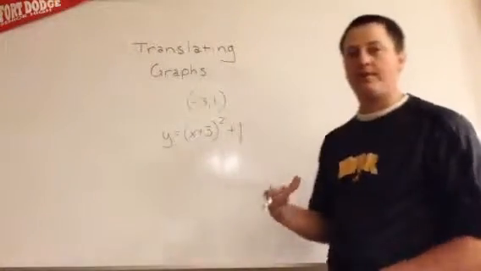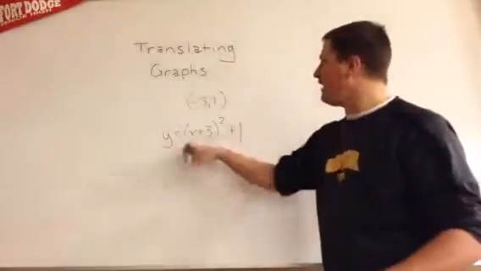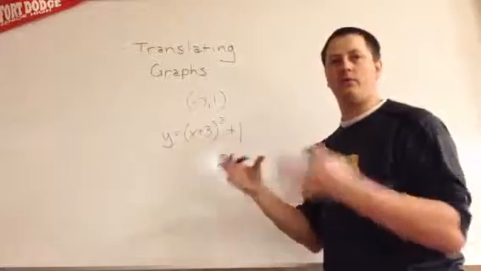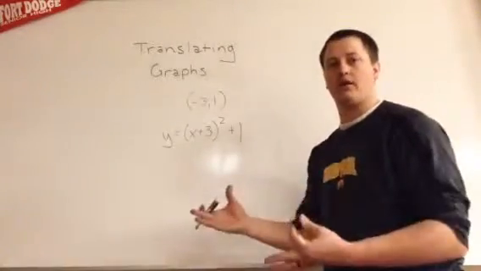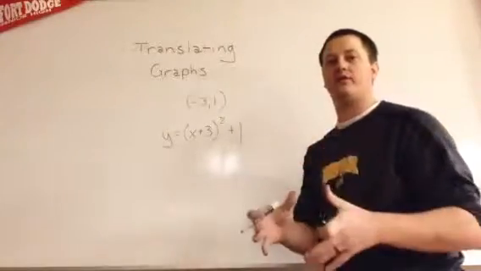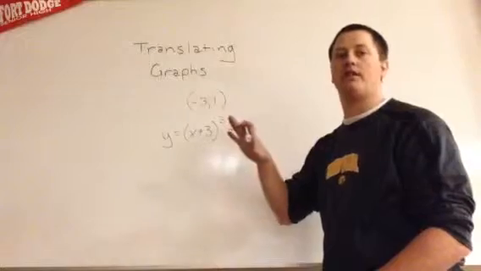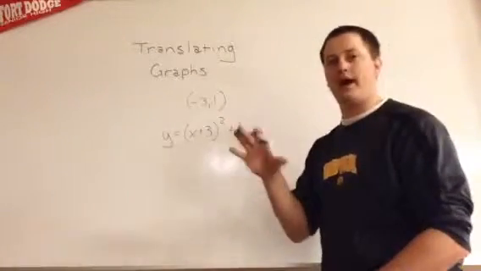What we want is for this to equal each other. If we put the vertex in, we want it to equal out to be 0 because the vertex of the parent is 0, 0. Now this works for the quadratic and for the vertex form, or for the absolute value.